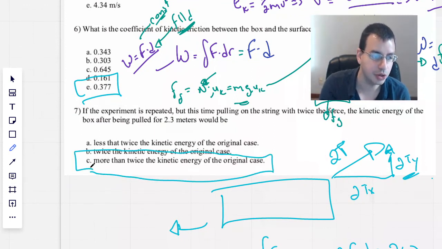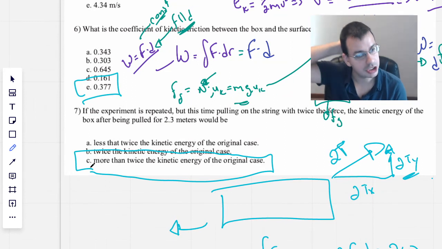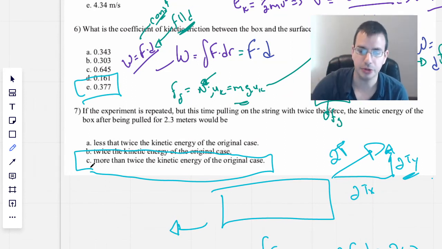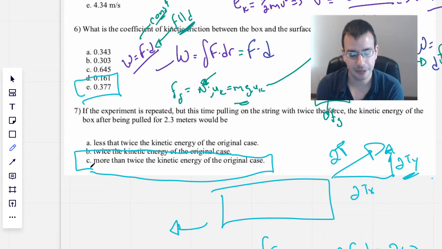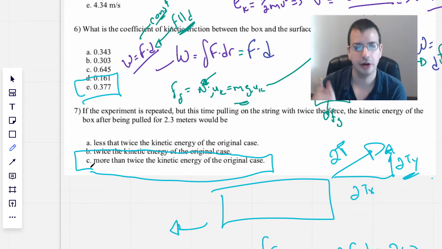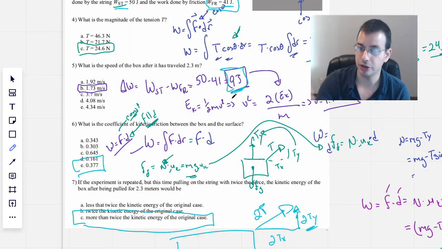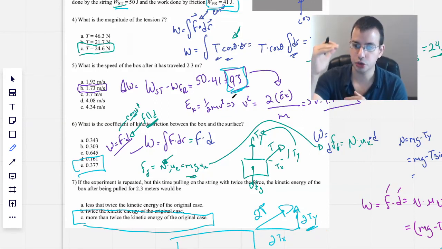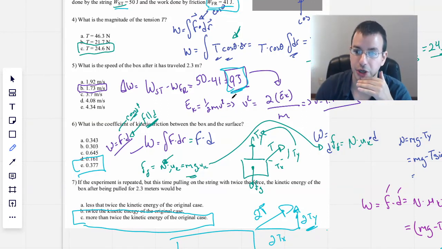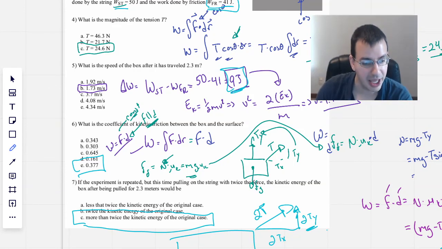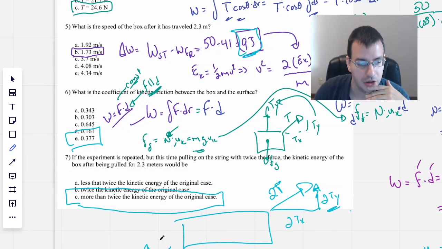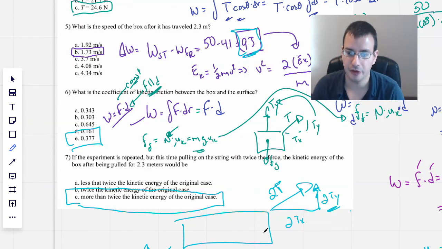And the reason is that we'd be putting in twice as much energy, because we doubled the force, which would be double the work, but we're assuming a constant work of friction opposing us. So the friction doesn't grow with us pulling the string twice as hard. So in the end, we'd be left with more than twice the kinetic energy of the original case.